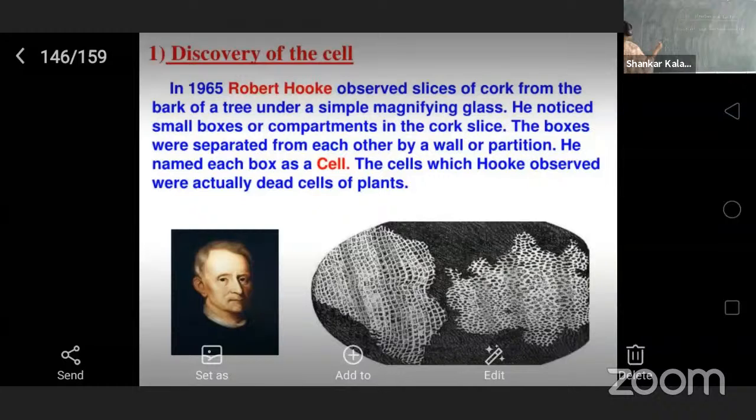Pentagon. Hexagon. Okay. Cells look like this when you take a piece of a leaf or a slice of cork from a tree and observe it under the microscope. We see hexagonal shaped structures. These structures we call cells.